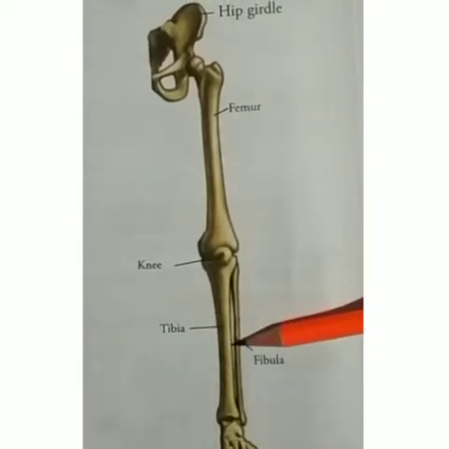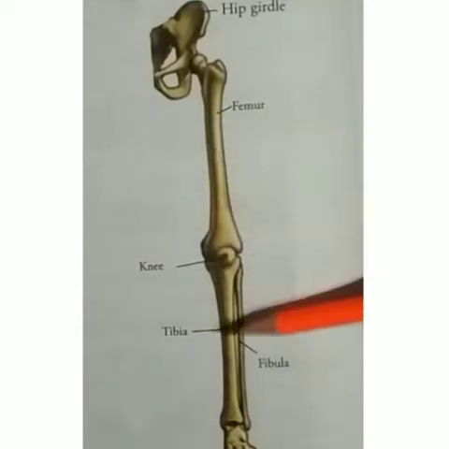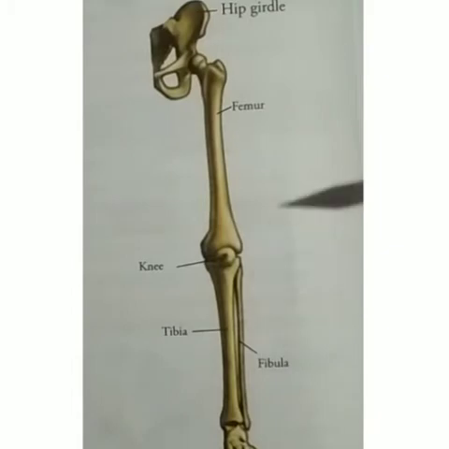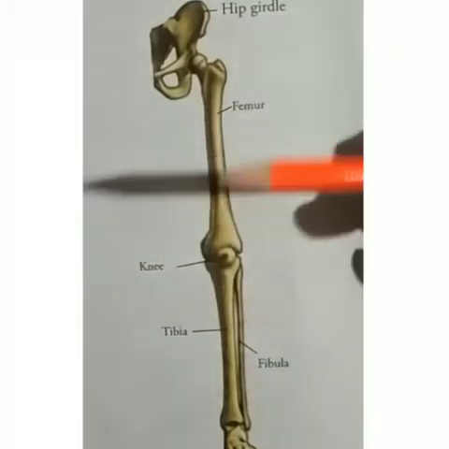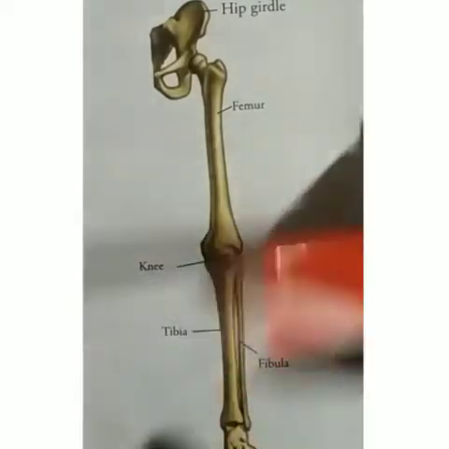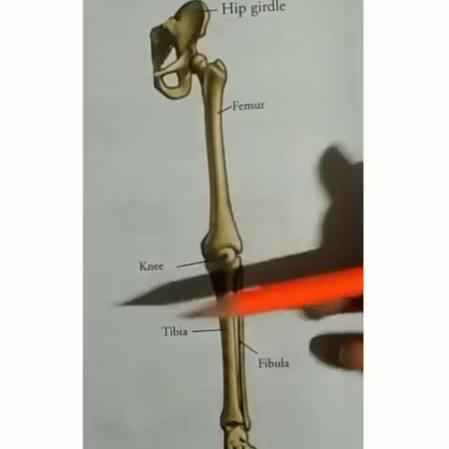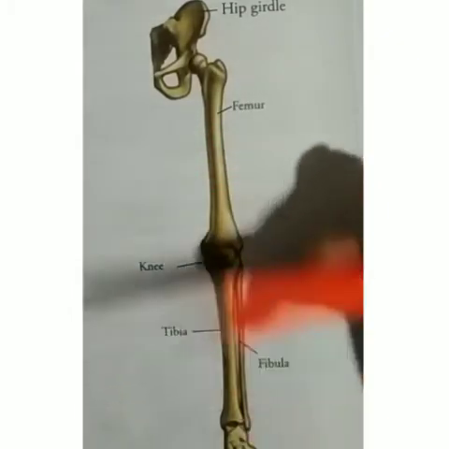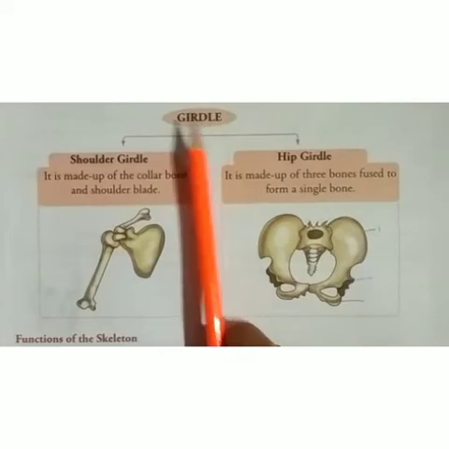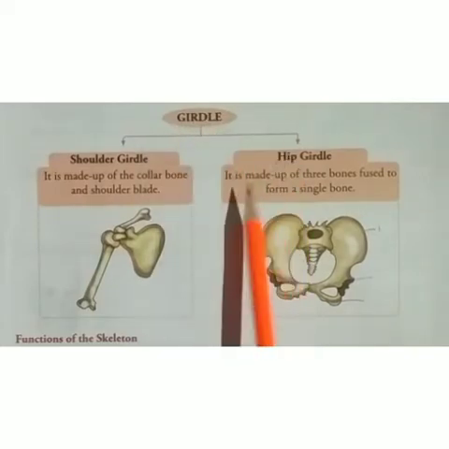The lower part of the leg and upper part of the leg are joined here at the knee. Then comes function of lower limbs. The lower limbs help us to walk, move and run, and they also support the weight of our body.